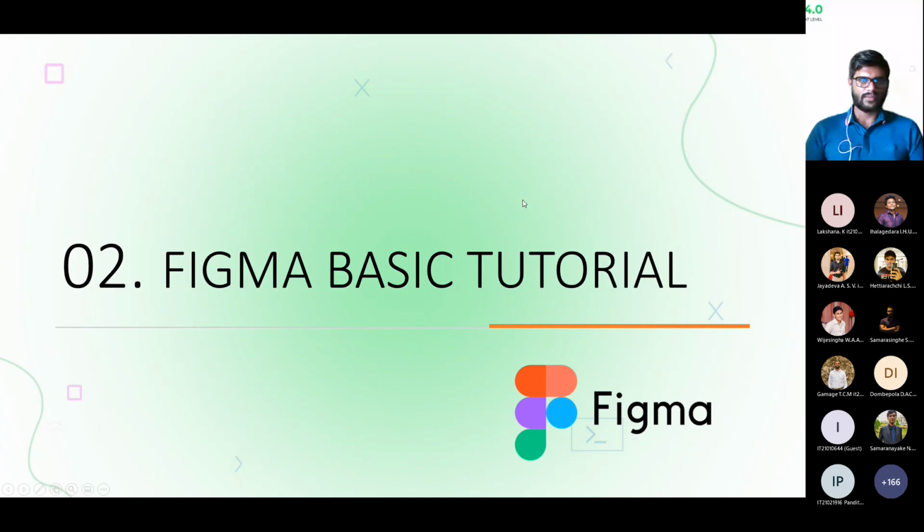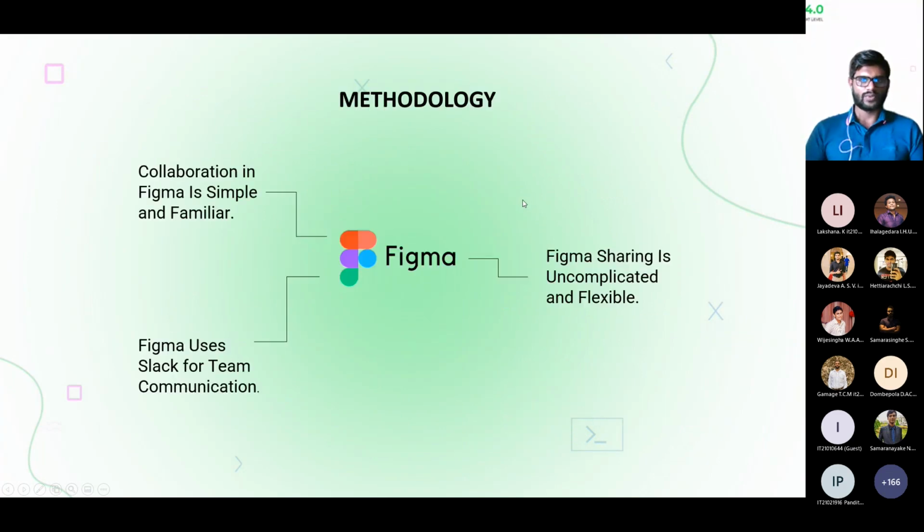So let's move on to Figma. What is Figma? Why do we use Figma? I think most of you know about Figma, and it is very familiar to its users. We can also keep team communication in Figma.